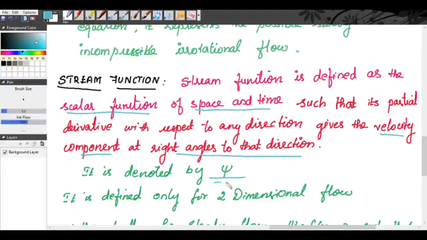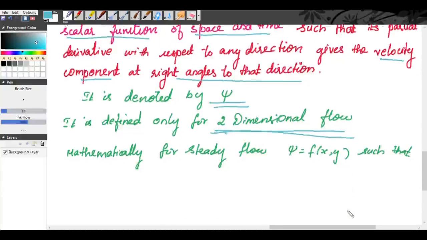So it is denoted by psi and it is defined only for two-dimensional flow. Now the velocity potential is defined for three-dimensional flow. Here stream function is defined only for two-dimensional flow. So mathematically for a steady flow, we can express psi as a function of x and y because it is a two-dimensional flow.